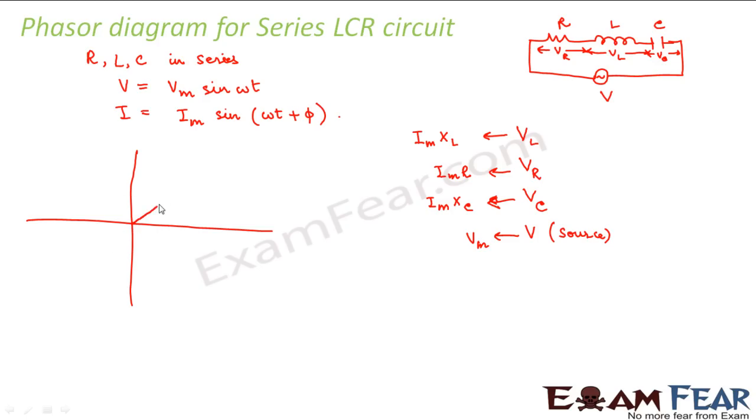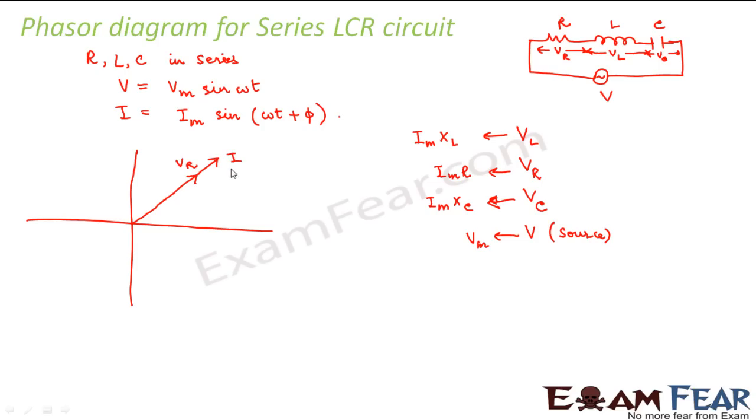So let us suppose that my source voltage is represented by this phasor. Where would I represent the voltage across resistor? The voltage across resistor would also be represented along this direction, because in case of resistor, the voltage and current are in phase.